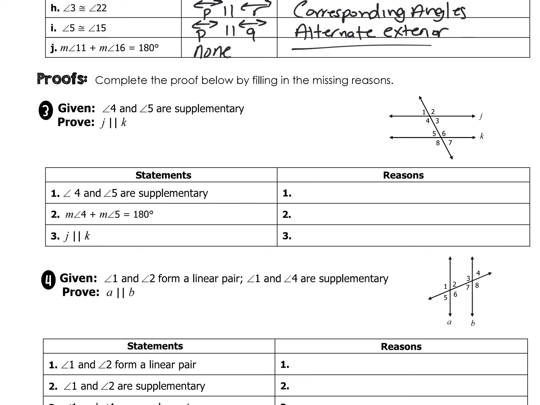So if angle 4 and angle 5 are supplementary, then that is the given. Okay, that's the information that we're given. Okay, we didn't have to prove that or give a reason. The measure of angle 4 plus the measure of angle 5 equals 180. That is the definition of supplementary.